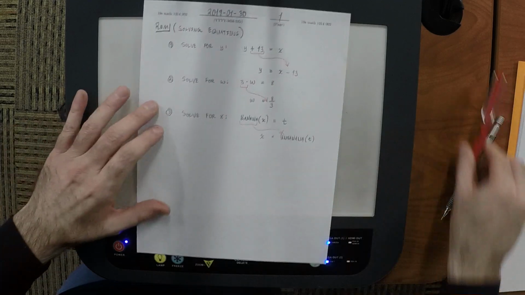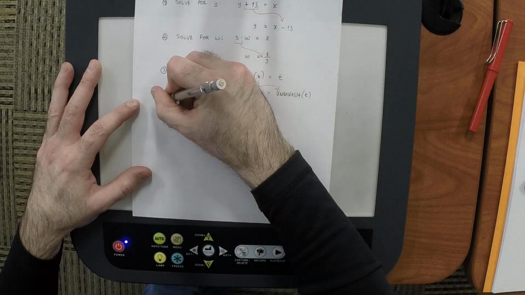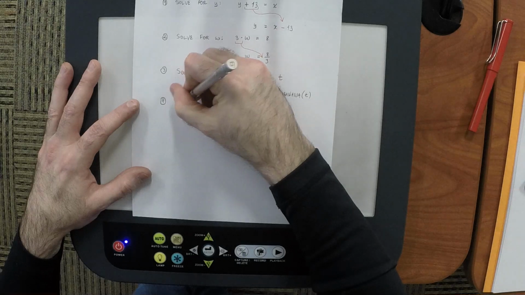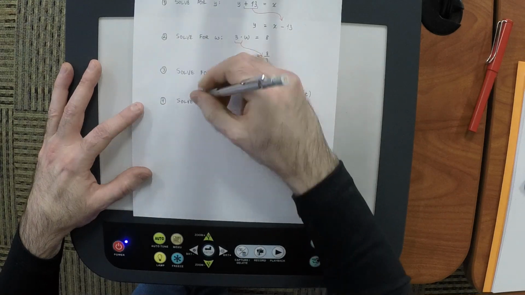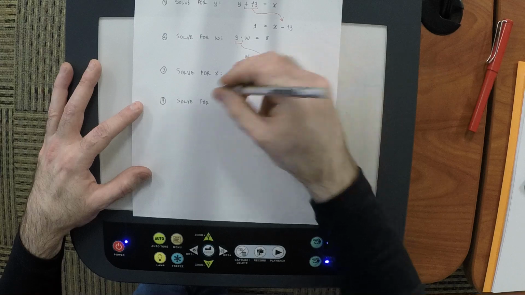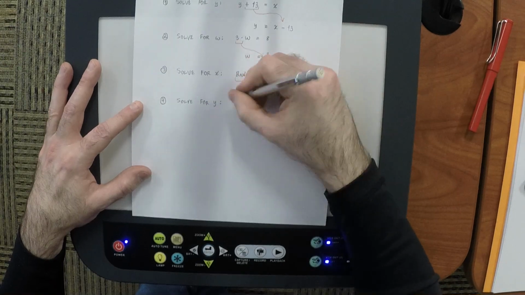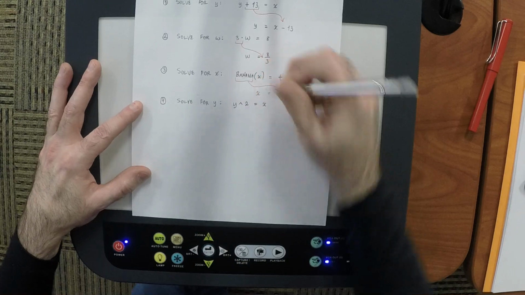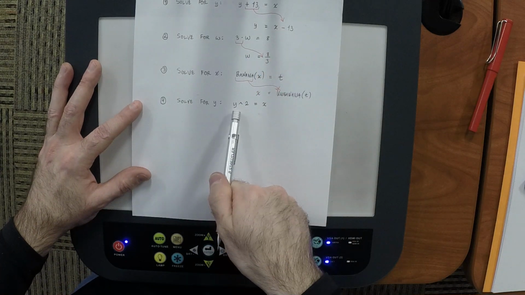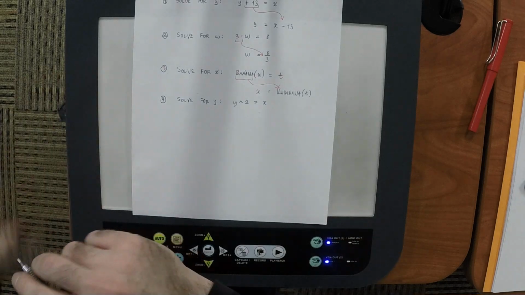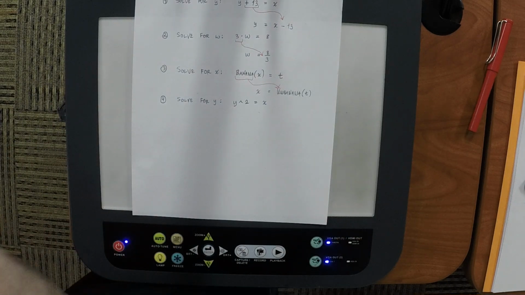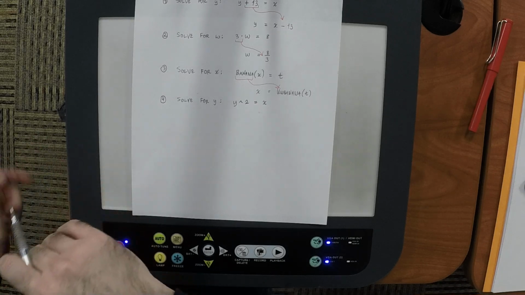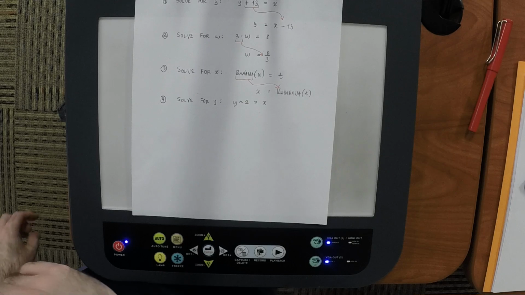Now, here's the place where I wanted to get us. Suppose that I say the following: solve for y. Y caret 2 is x. Can you see that y is not solved for currently? It's got that caret 2. Also, under normal circumstances, we don't write caret; rather, we just use superscripts, and that's an exponent.